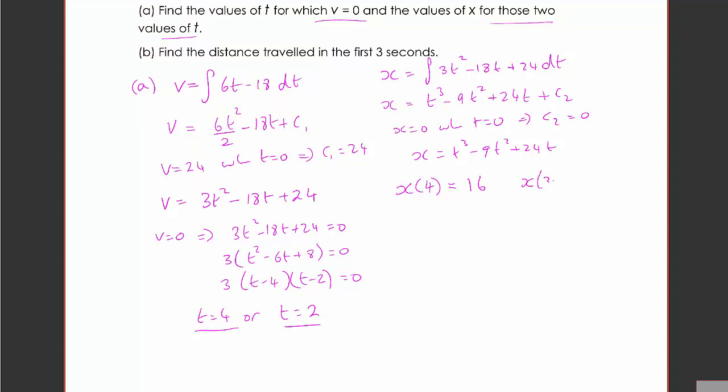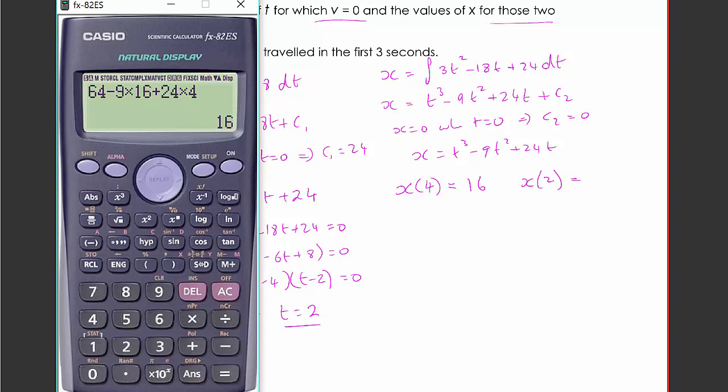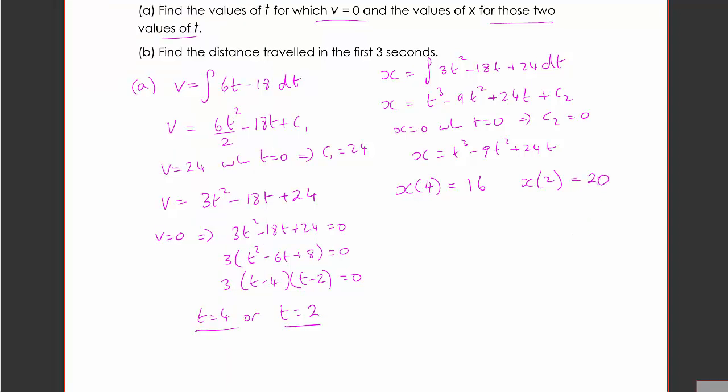And x of 2 is going to be 2 cubed, which is 8, take away 9 times 4, which is 36, add 24 times 2, which is 48. So that is going to be 20. And so that's the end of part A.